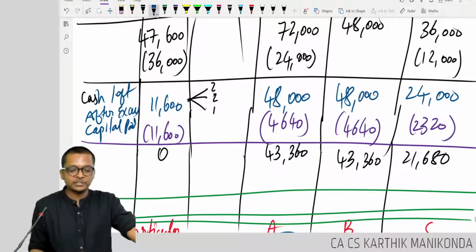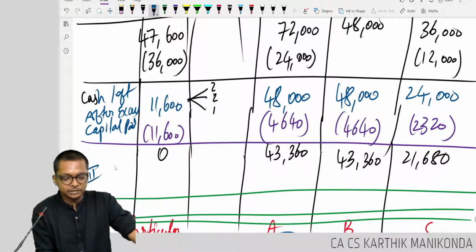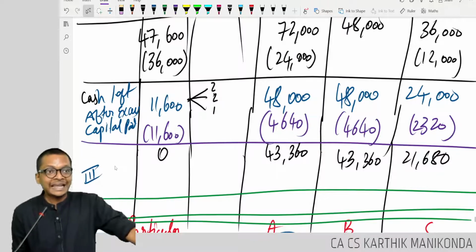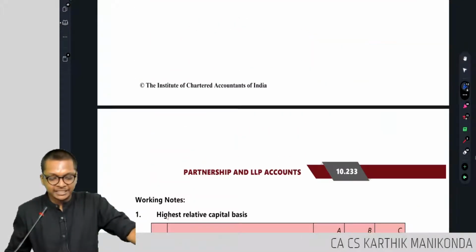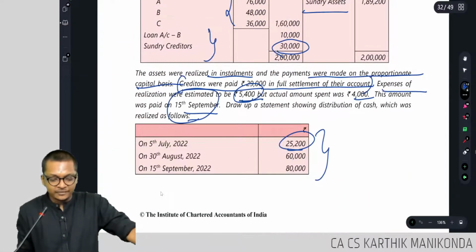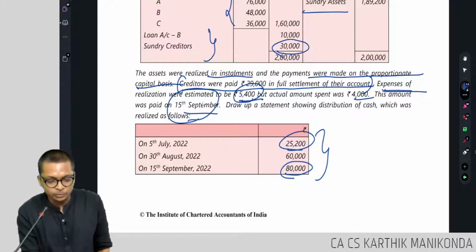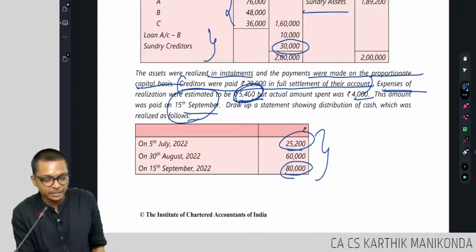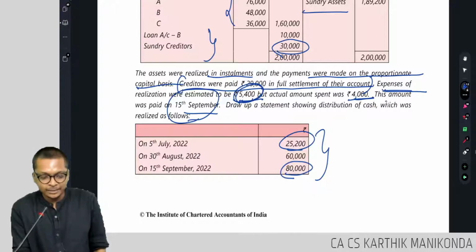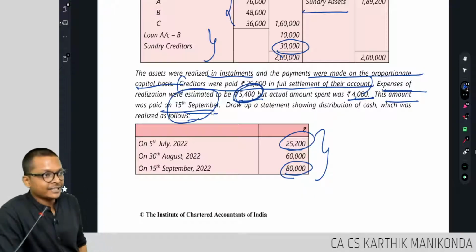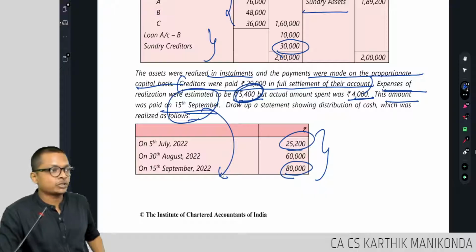Now last installment, how much did we get? Third installment, how much? 80,000. But read the question carefully. Last installment we got 80,000, and they also told expense was estimated 5,400, but this amount was actually paid on 15 September, which matches my last installment.